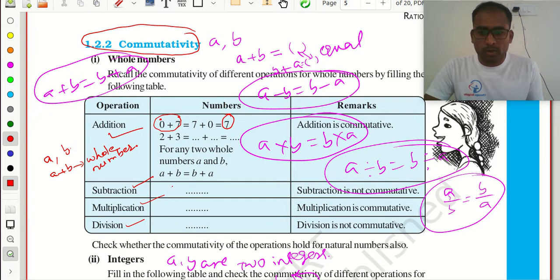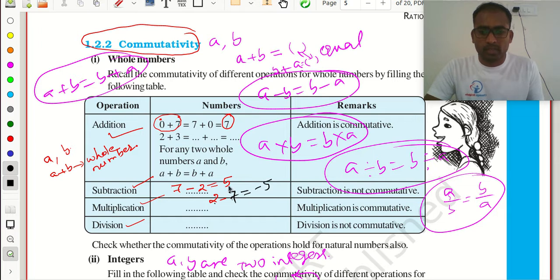Next, for subtraction. 7 is a whole number, minus 2 is a whole number. I will get the answer 5. 5 is also a whole number. But if you reverse it, 2 minus 7, where 2 is a whole number and 7 is a whole number, how much will I get here?